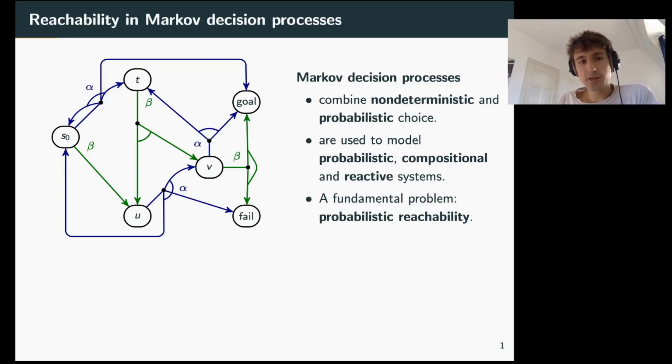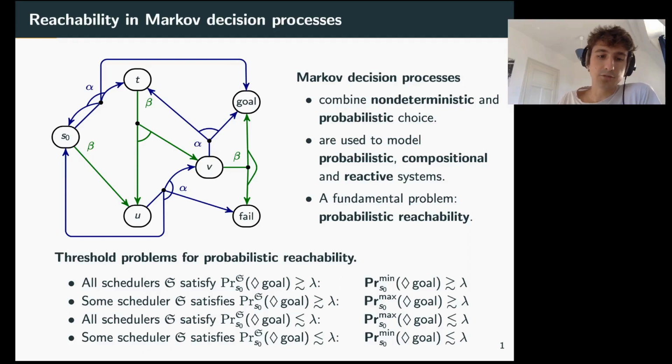We're not so much interested in the precise values, the precise maximum and minimum, but rather in threshold problems. So we ask, for example, is it true that all schedulers have a probability of reaching goal that is greater or greater equal lambda, which corresponds to the statement the minimal probability of reaching goal is greater or greater equal lambda?